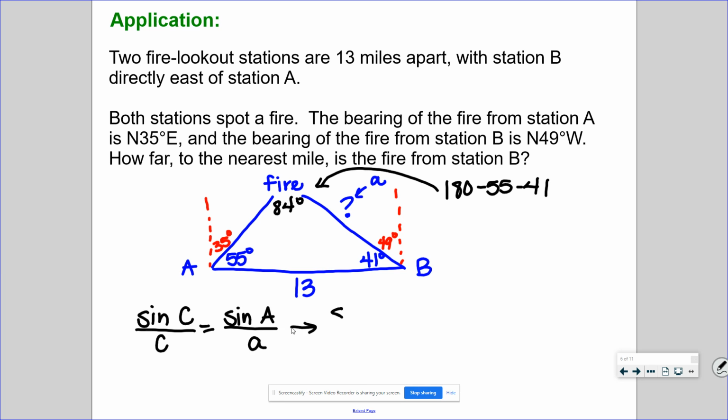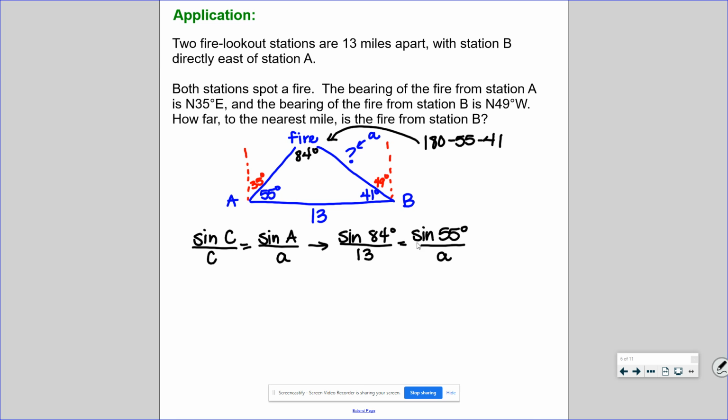And let's set this up. So I'm going to say sine of C is like 84, and opposite of that is 13. Sine of 55 over the missing side, call it A, call it X, whatever, it doesn't really matter. And then cross multiply.